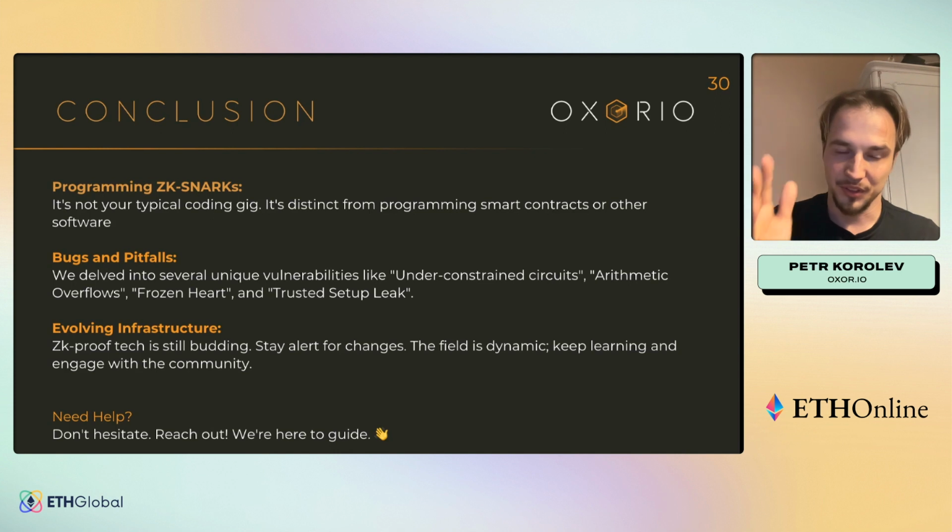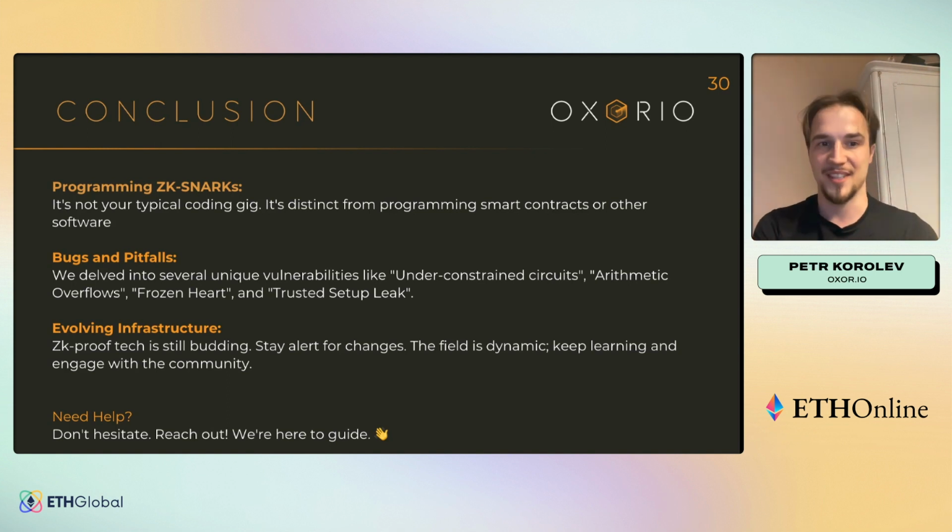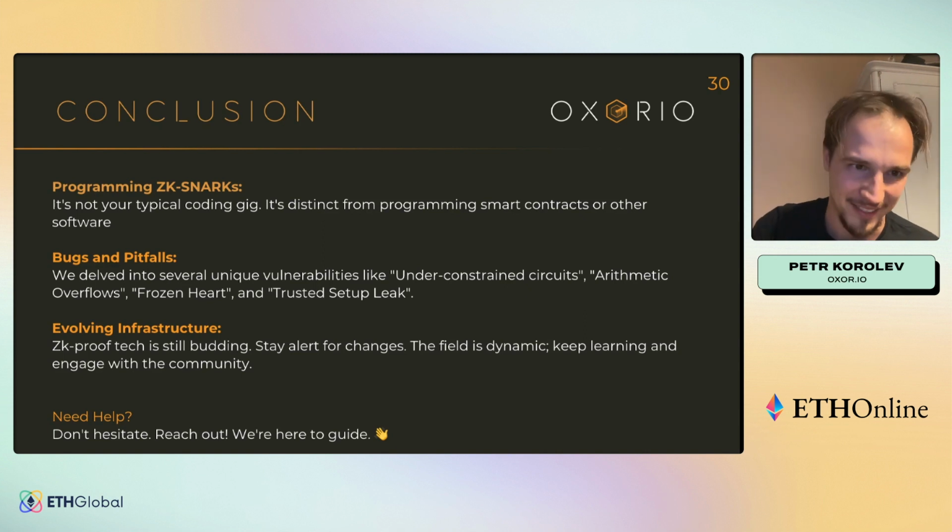We are here to help you. We showed you the 7 common bugs and pitfalls. Of course, there are many more, but these are the basic things, like double spends in Solidity. Everyone has to know about this. You have to know about these basic things, and we're here to help.